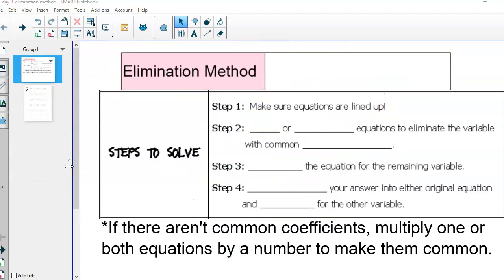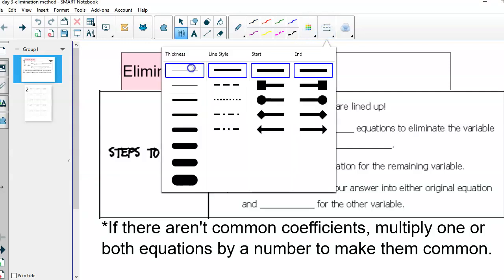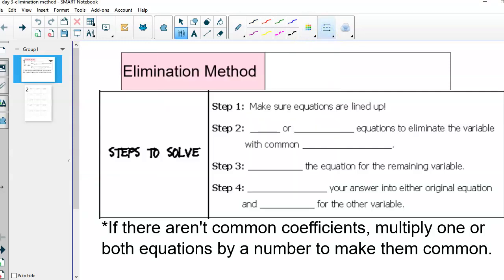We're going to fill in these boxes. I want you to write this here. I'm going to say it first and then I'll write it.